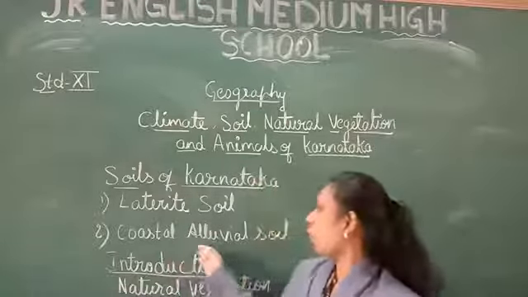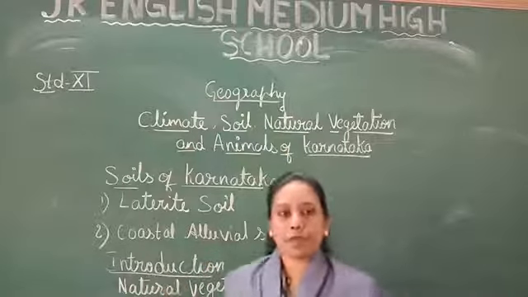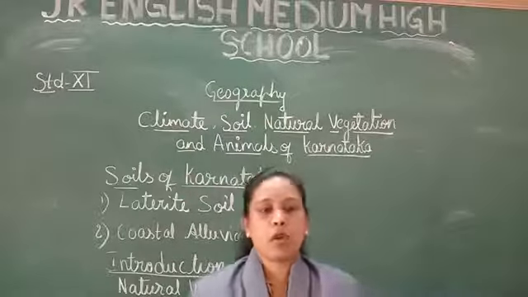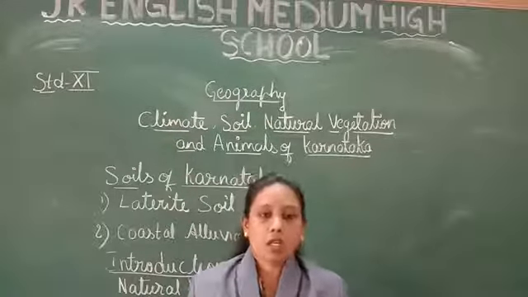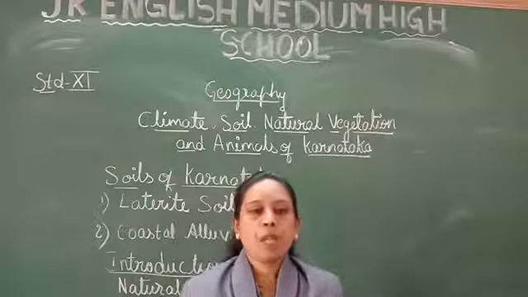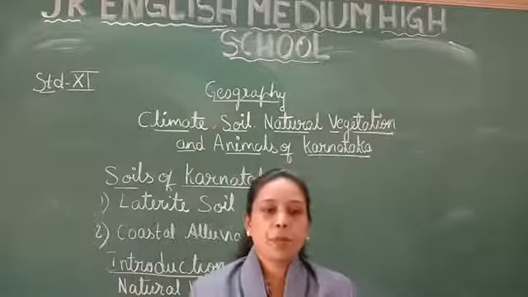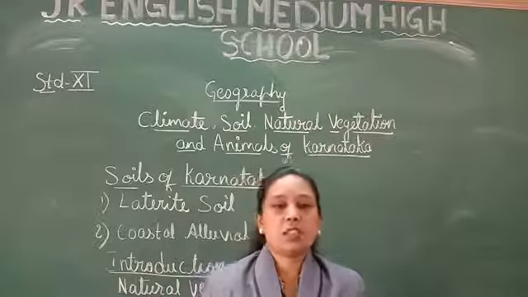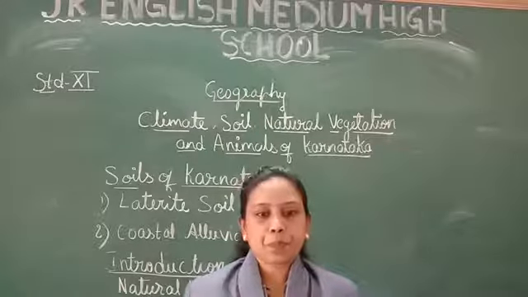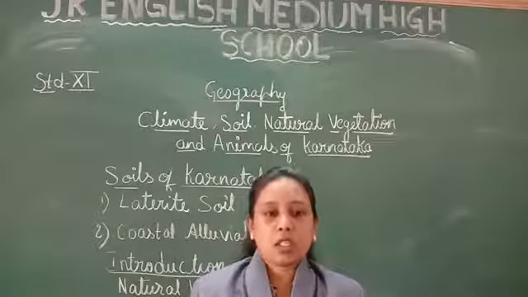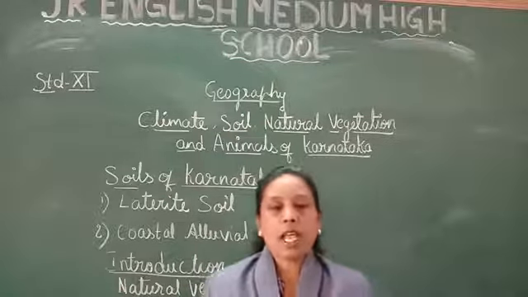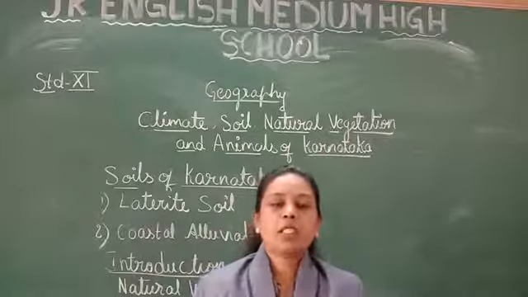The next one is the coastal alluvial soil. This soil is very fertile. You can see it near the coastal areas. This type of soil is formed along the coast due to the deposition of alluvial and sediment. Do you know what we mean by sediment? Sediments are formed of plants, small rocks, clay, sand and all, carried by rivers and sea waves.